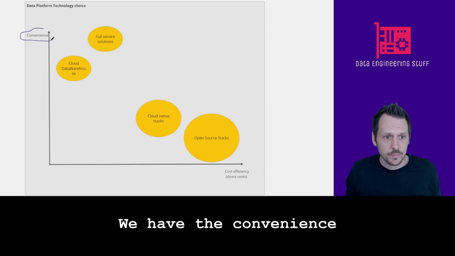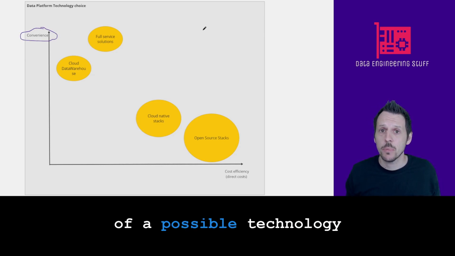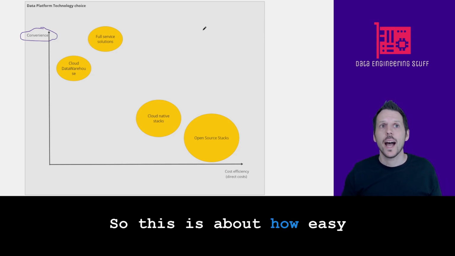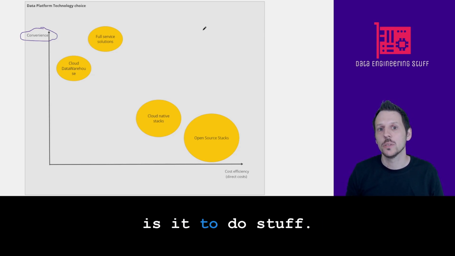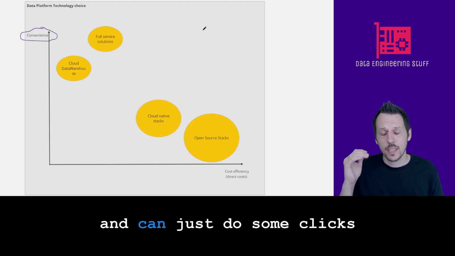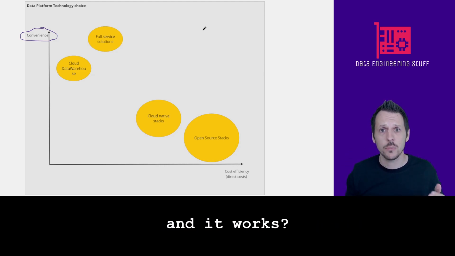We have the convenience of a possible technology for a data platform. So this is about how easy it is to do stuff. Is it all out of the box and I have a graphical user interface and can just do some clicks and it works?